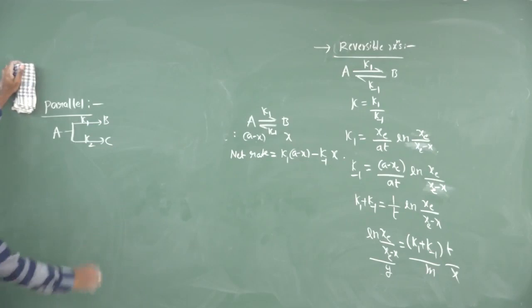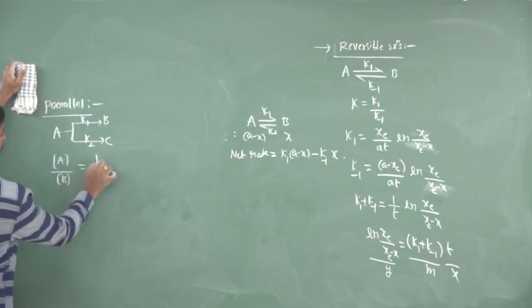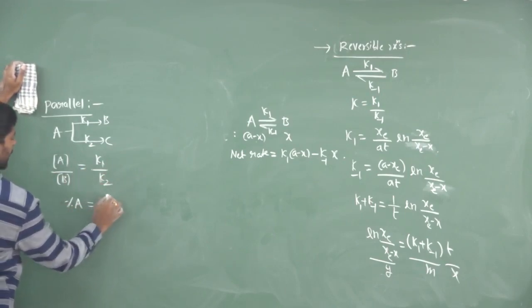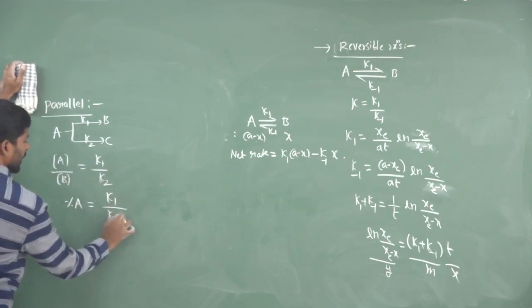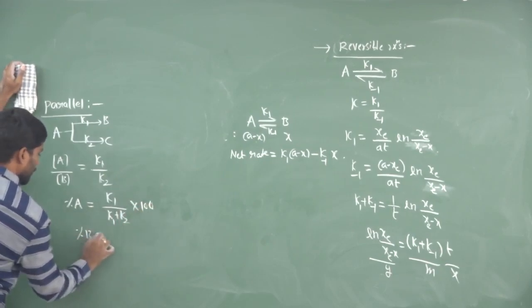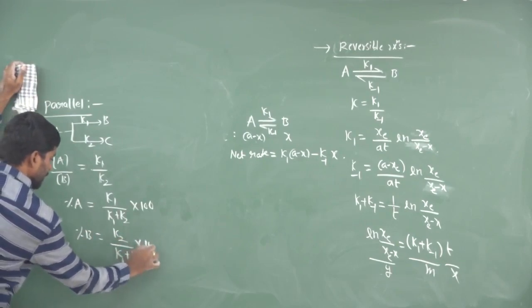Okay, then what is the relative composition of B and C? K1 by K2. What is the formula for percentage of B? K1 by K1 plus K2 into 100. What is the formula for percentage of C? K2 by K1 plus K2 into 100.